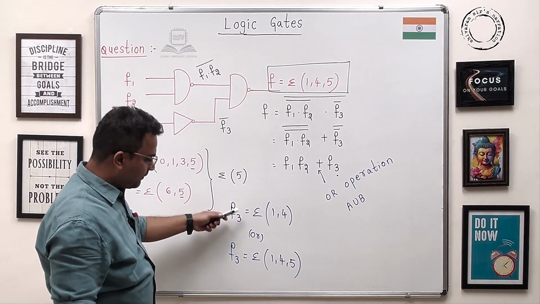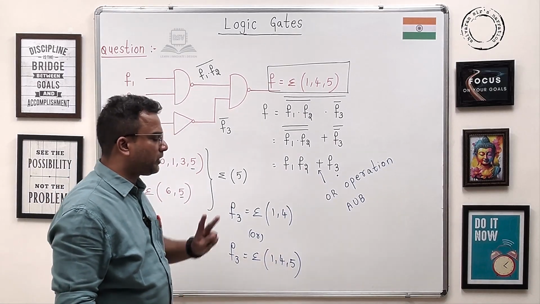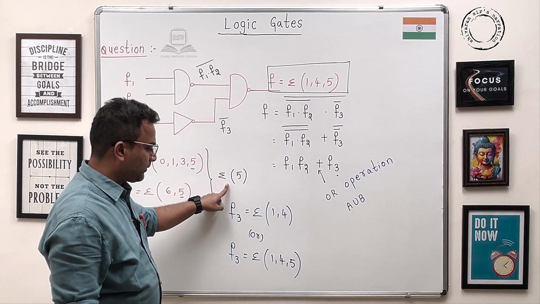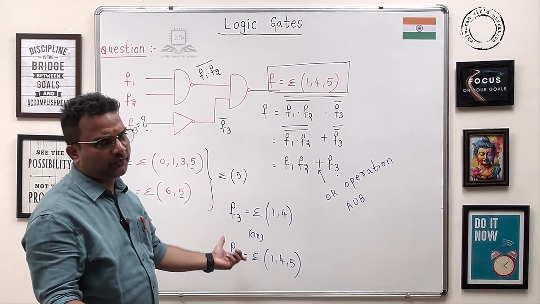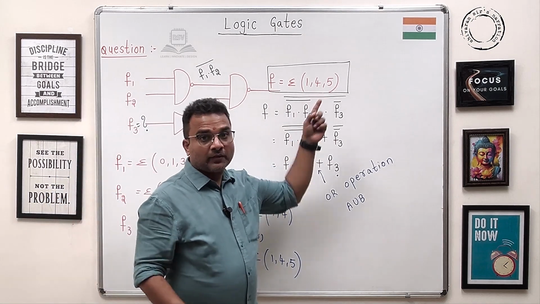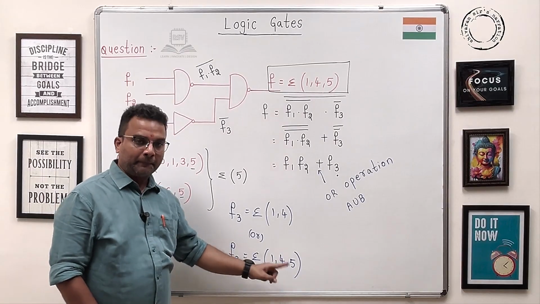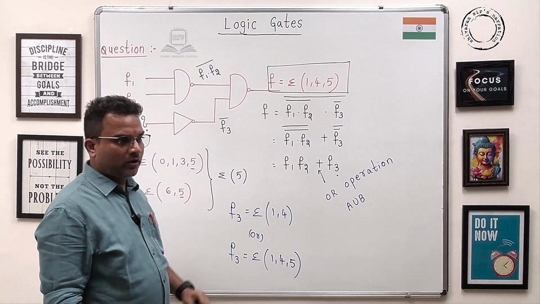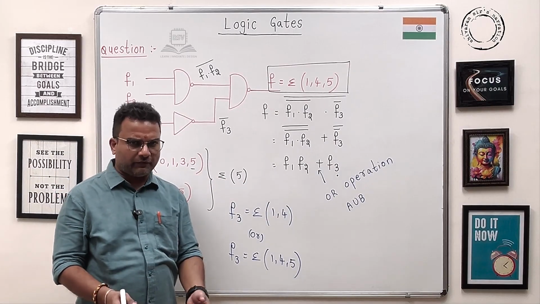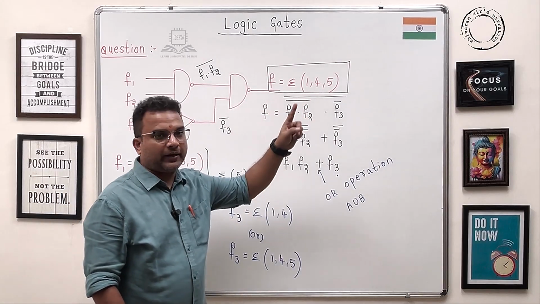It could be in any way, because it is an OR operation. We'll take A union B. If it is sigma 5 plus sigma of 1, 4, you will get 1, 4, 5 only. Or else if F3 is 1, 4, 5, then 1, 4, 5 union sigma of 5, the repeated 5 we take only one time, then it is sigma of 1, 4, 5.